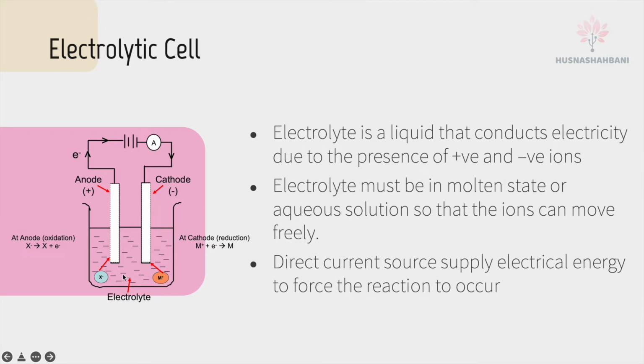Electrolyte is a liquid that conducts electricity due to the presence of positive and negative ions. The electrolyte must be in a molten state or aqueous solution so that the ions can move freely, because ions need to move freely in order to conduct electricity.